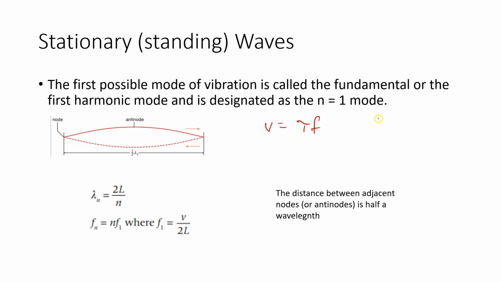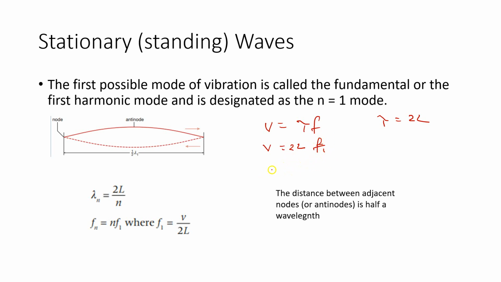When n is equal to 1, lambda is equal to 2L. If I substitute lambda in this regard, I would get that speed is equal to 2L times the frequency. And this is when n is equal to 1, so the frequency is going to be f1, so to speak.